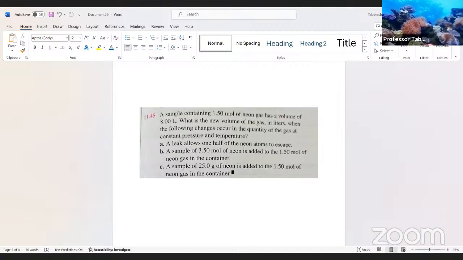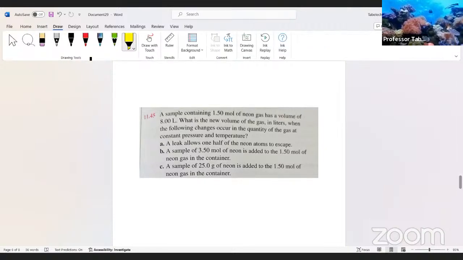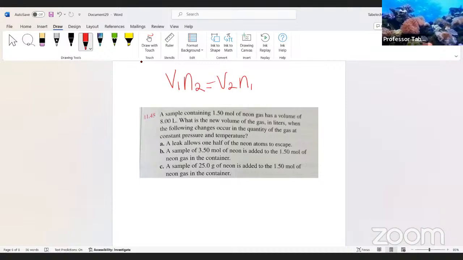All right, so right here, in your problem, and let me put the formula back up here again so you all would know it's V1 times N2 equals V2 times N1, okay? That's the foundation of the formula that we're going to be using, and we can flip and reverse this formula depending on what we're looking for, okay? So 14.5, we're doing letter B. For the sake of time, we're going to do letter B, okay?